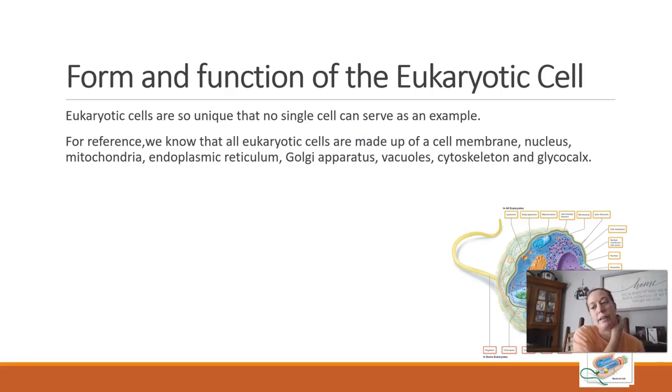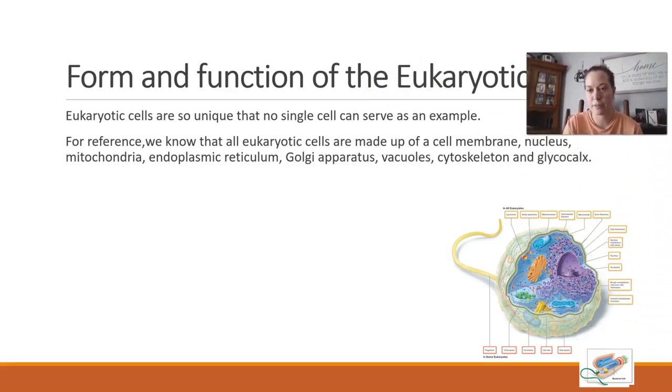Again, going back to the eukaryotic cell, let me move myself really quick so we can see the picture there. Sorry about that. We know that eukaryotic cells can be multicellular or unicellular.